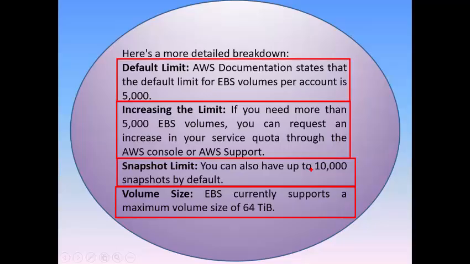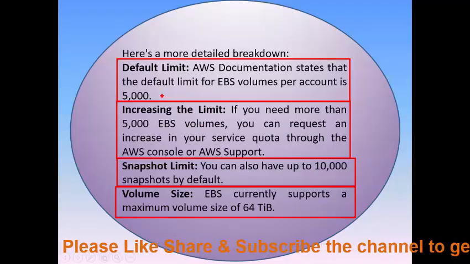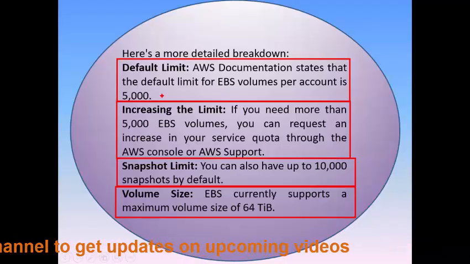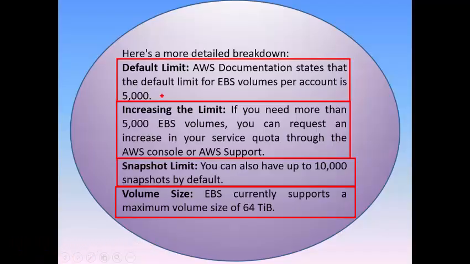Sometimes they can come up from an interview point of view, and sometimes in exams you can have such questions. What is the limit? By default, how many EBS volumes can you have per account?